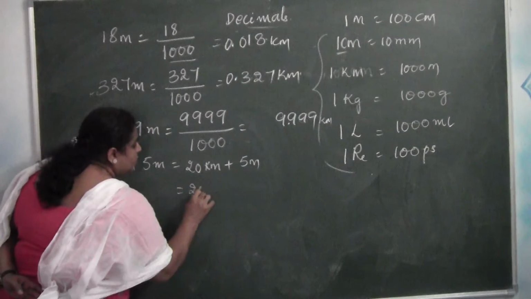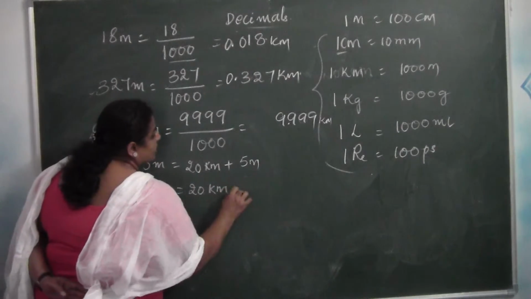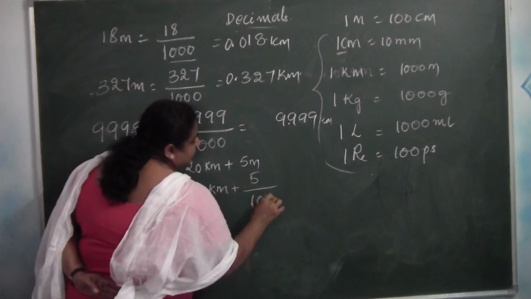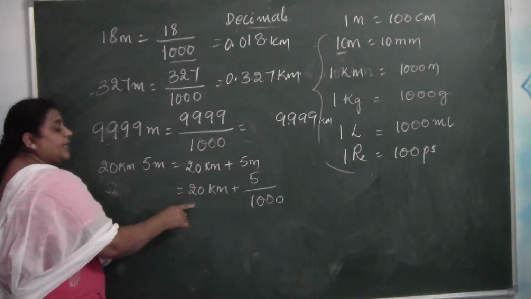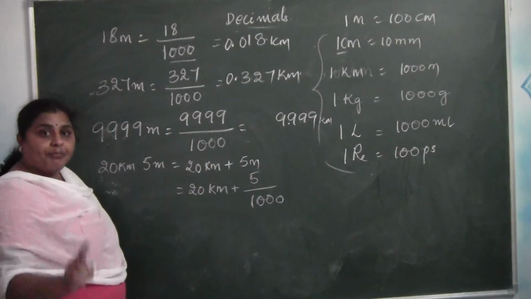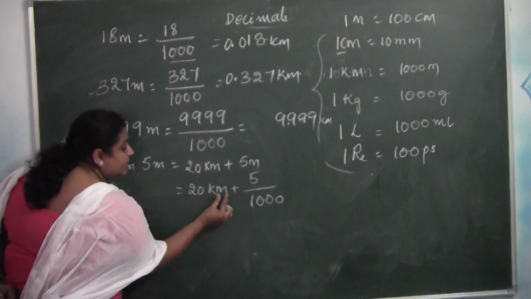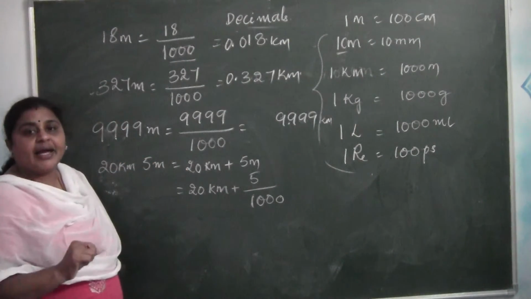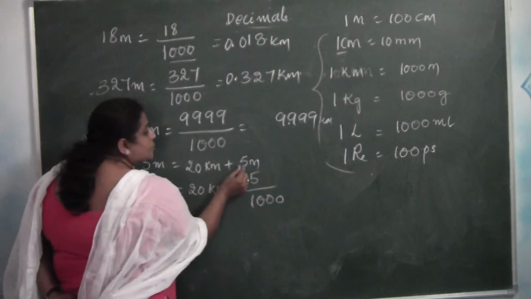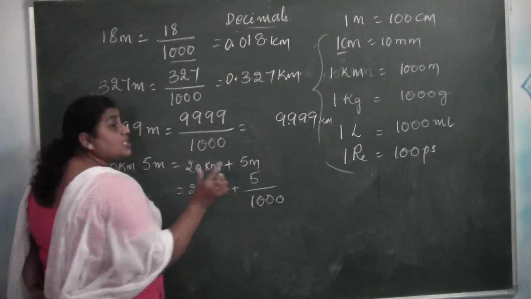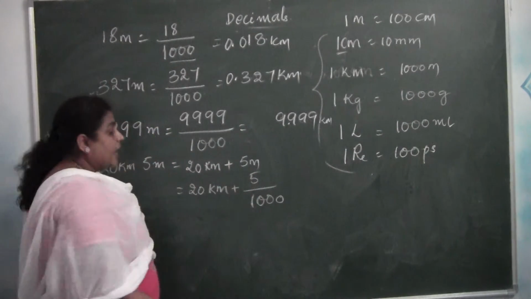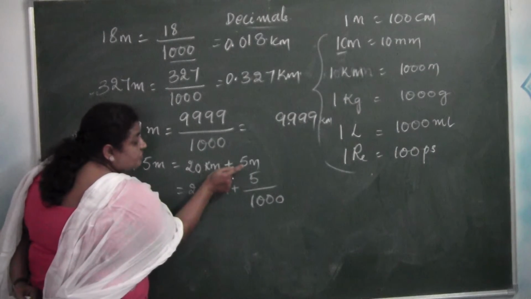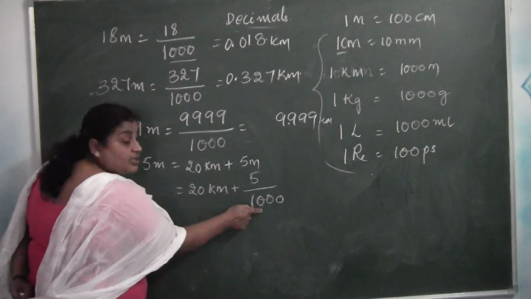So 20 kilometers plus 5 by 1000. Why am I not writing 20 by 1000? Because already 20 is in terms of kilometers. No need to write by 1000.